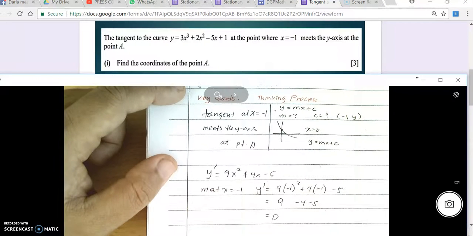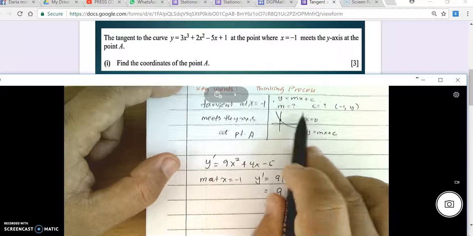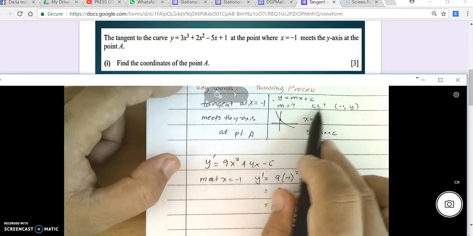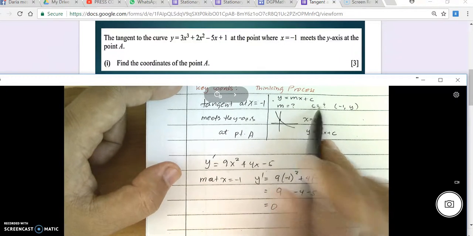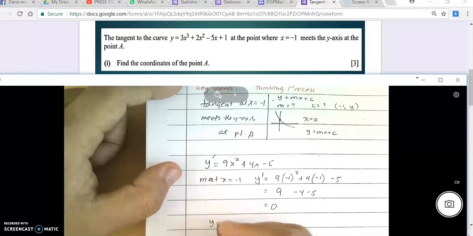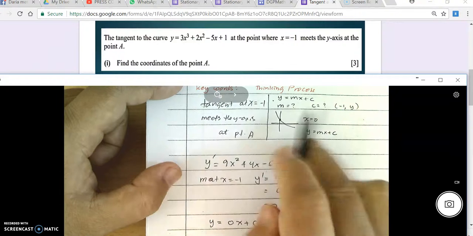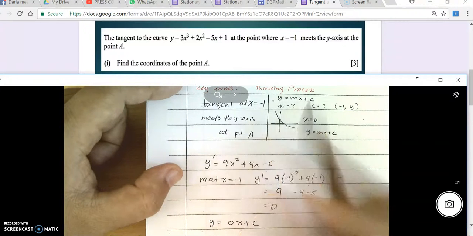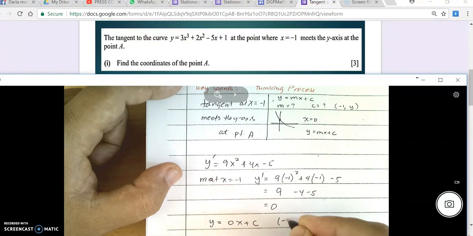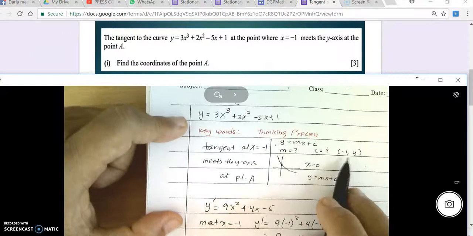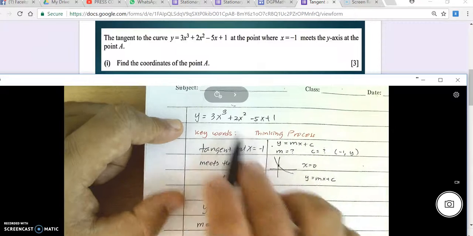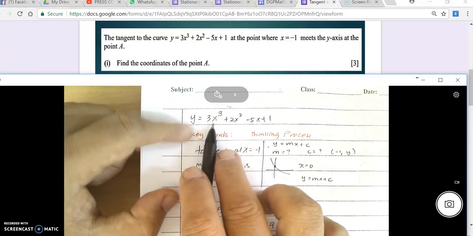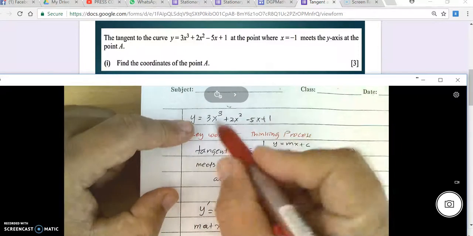So therefore, we are now on the next step, which is to find the c. Our equation now is y equals 0x plus c, because that is our format for our tangent, and it passes through the point -1, y. Now, if x equals -1, we need to find the y. So I'll just use the original curve.